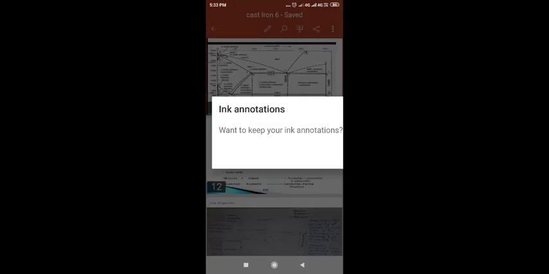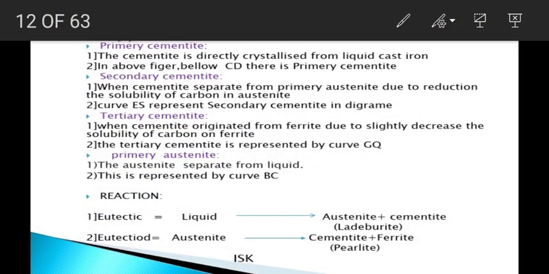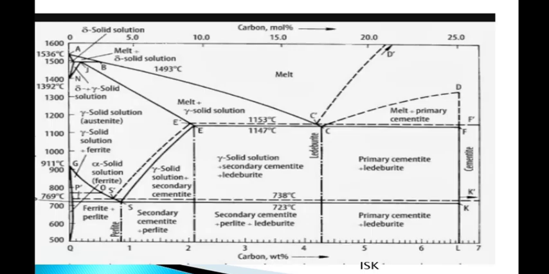Next, we learn about tertiary cementite. What is meant by tertiary cementite? Tertiary cementite is the cementite originated from the ferrite due to a slight decrease in the solubility of carbon in the ferrite. The tertiary cementite is represented by GQ.